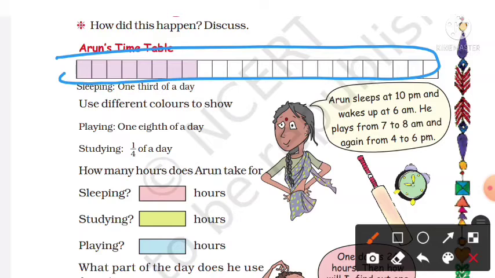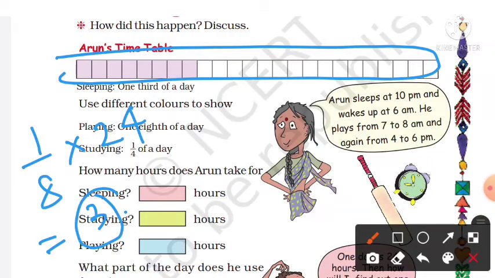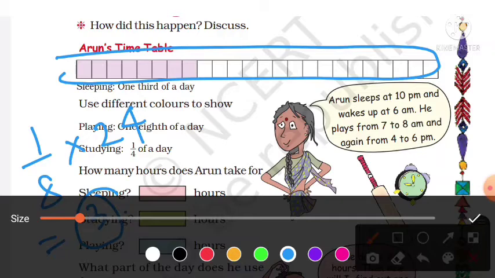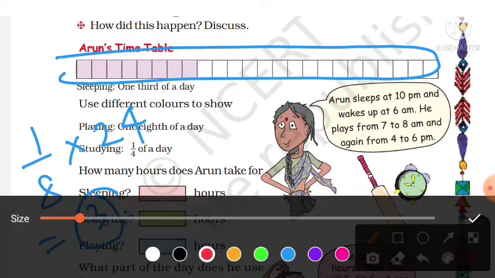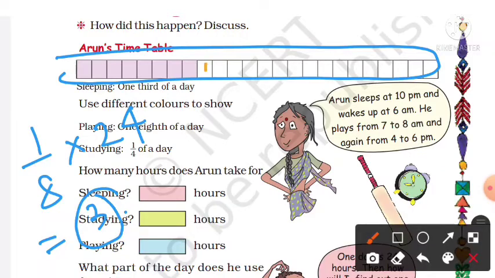Arun spent 1/8 of a day for playing, so it will be 1/8 of 24, which is 3 hours. So Arun spent 3 hours of a day for playing, and 3 hours means 3 boxes. Here you can color with a different color, the orange for 3 boxes.